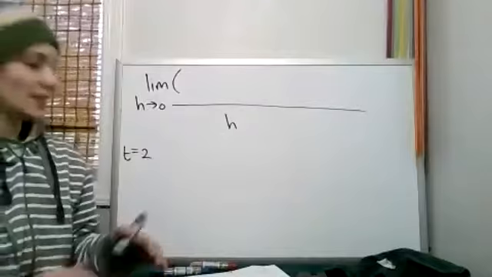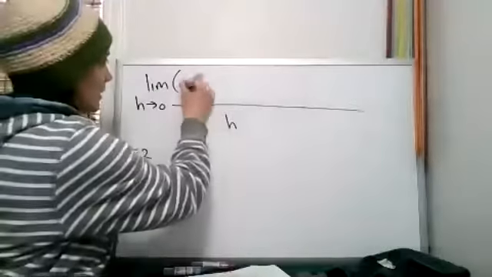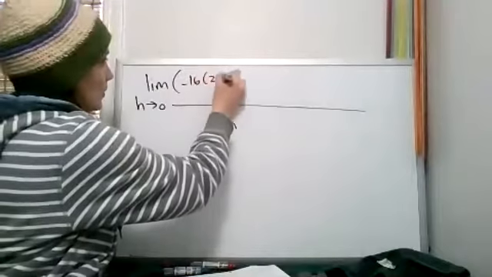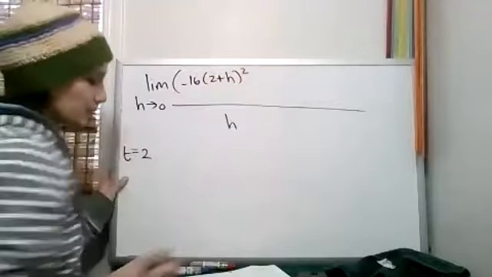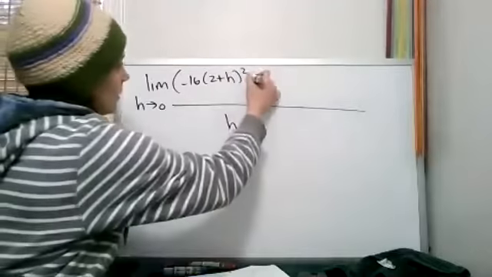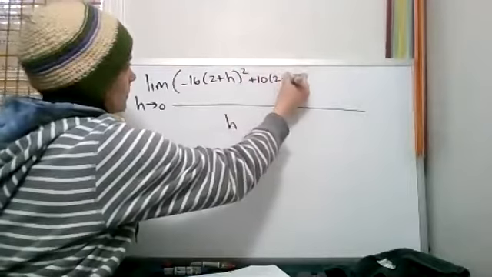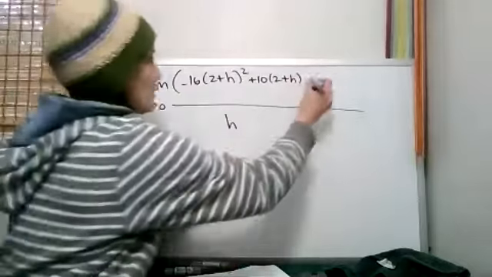Okay, cool. All right. It's negative 16 times 2 plus h squared. Add 10 times 2 plus h. And add 400.